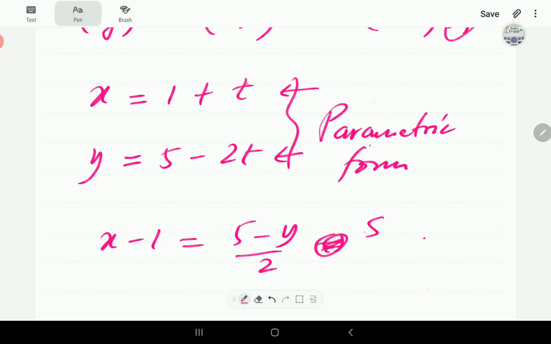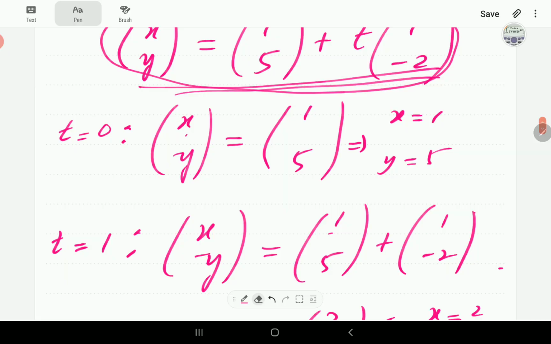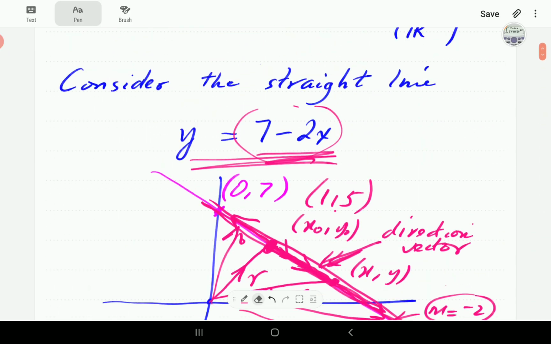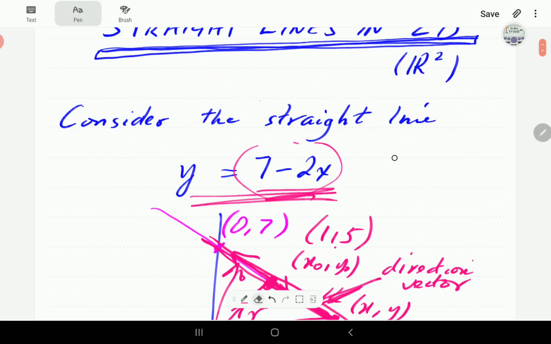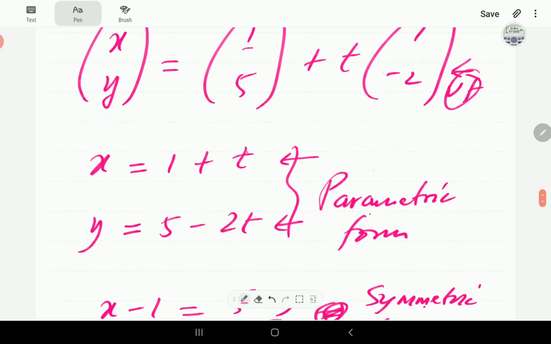This one is called the symmetric form. Now, from the symmetric form, we can recover the same equation we started with. So let's see how this works out.